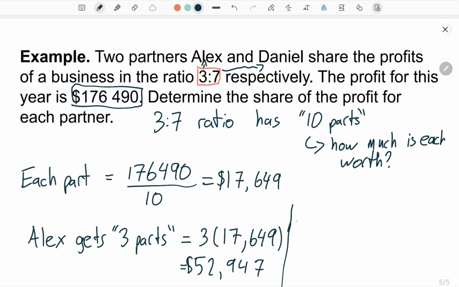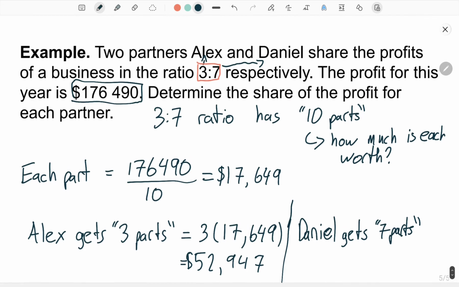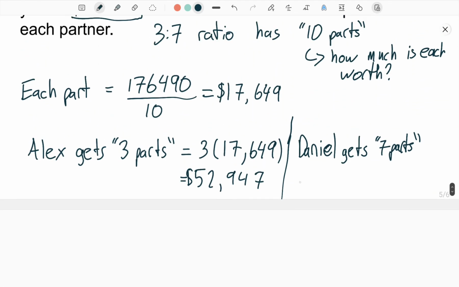All right. And then the next part, we have Daniel. Daniel's getting the 7 of the 3-7 ratio. And so if he's getting 7 of those parts, I'm just going to give some extra space here.